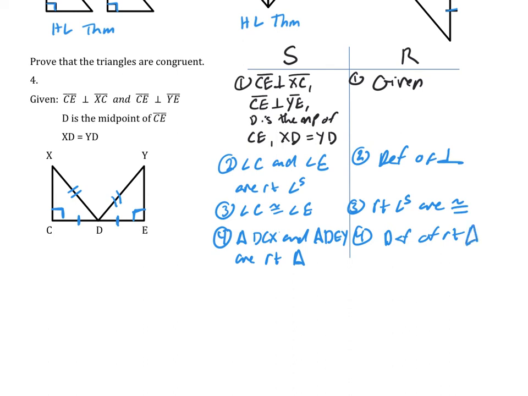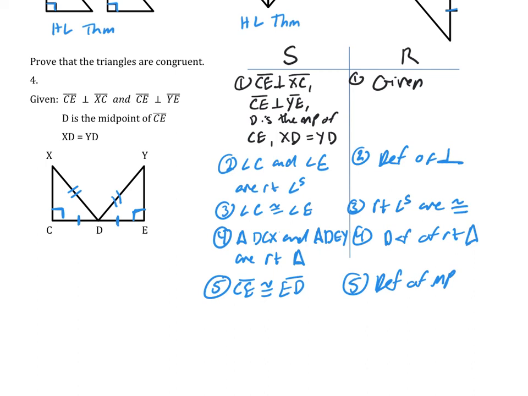So now we've taken care of the fact that our right angles are congruent and these are right triangles. Let's work with our other markings on here. We have some congruent sides that we need to prove. CE is congruent to ED because that is the definition of a midpoint.